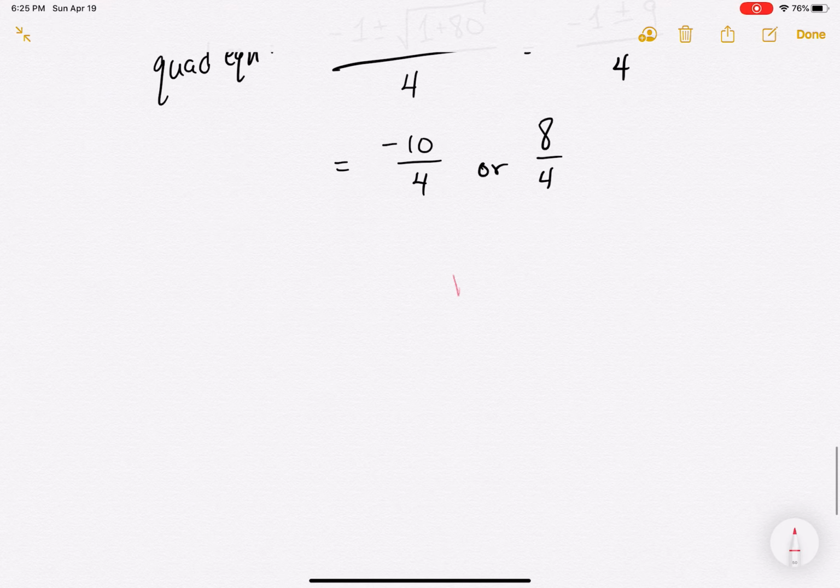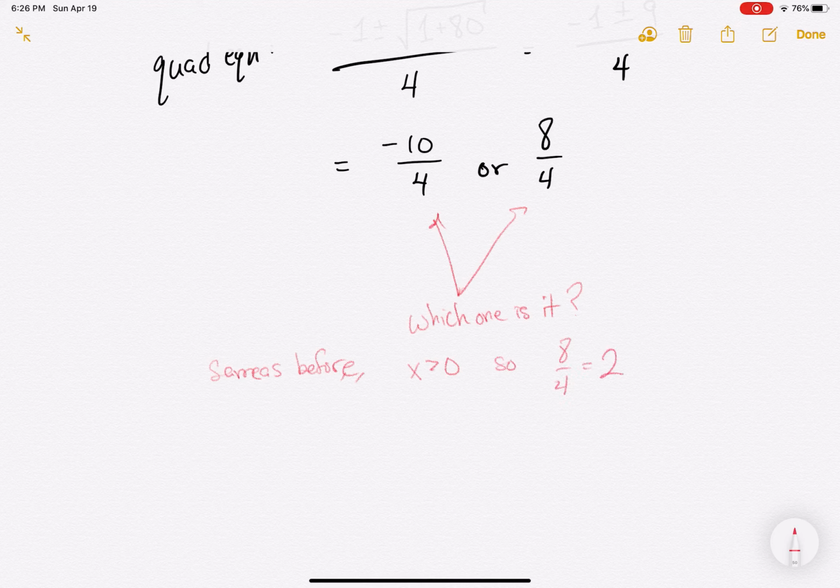Which one is it? Same as before. x is greater than 0 now, so 8/4 equals 2 is our intersection point.